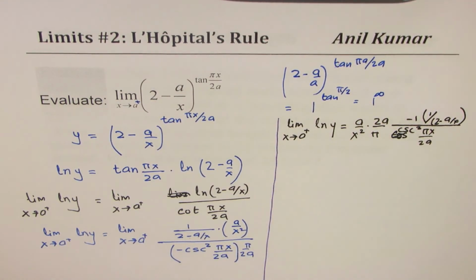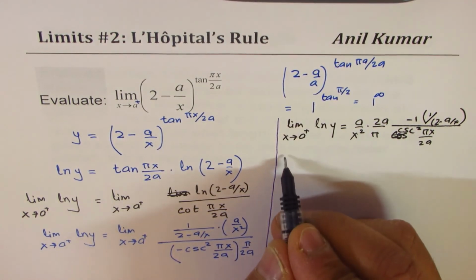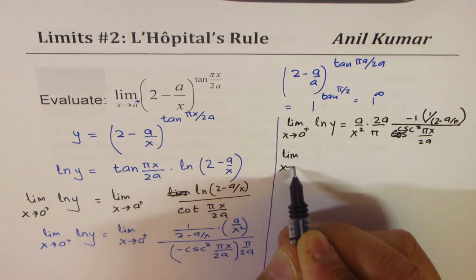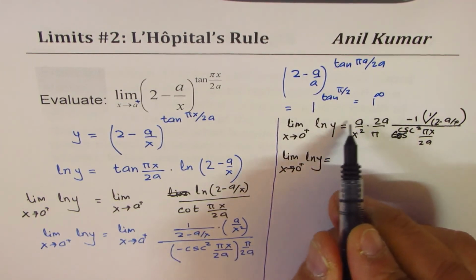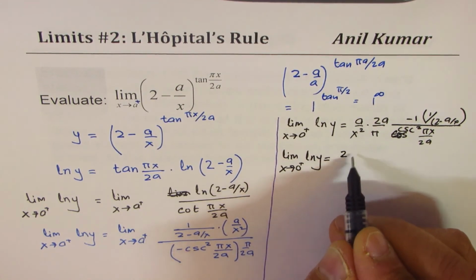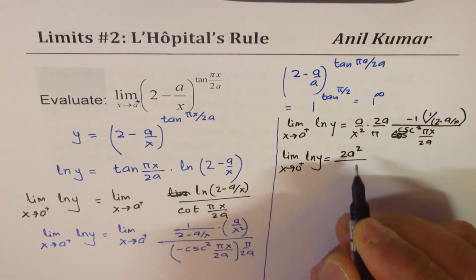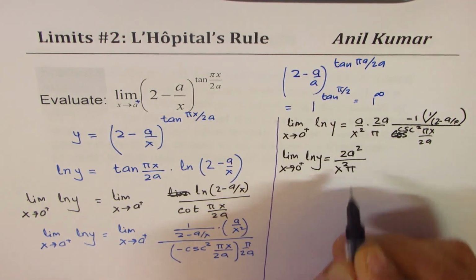Okay. Now, let me write again. Limit x approaches a for ln y is equal to. So this expression here is 2a square over x square pi, correct?